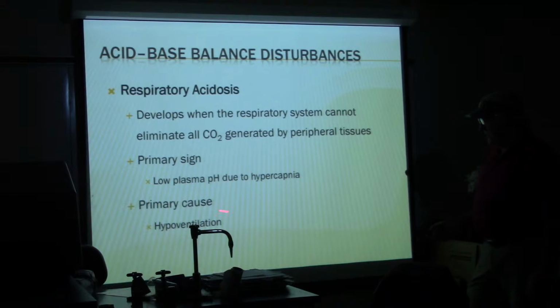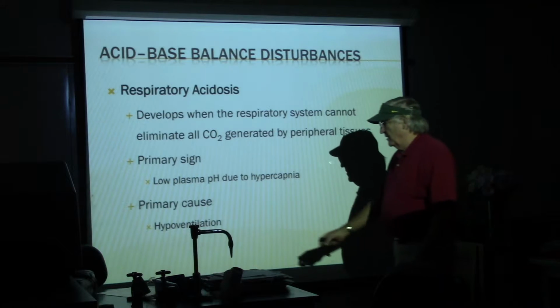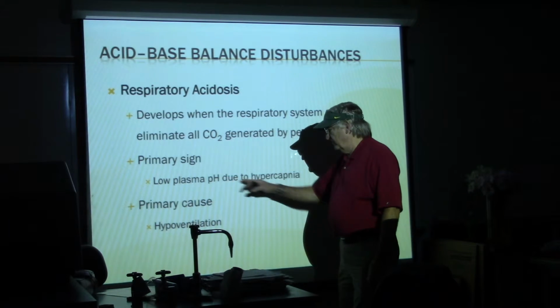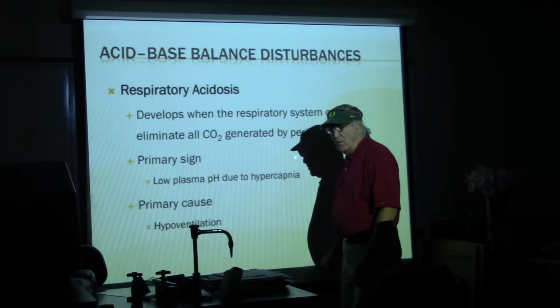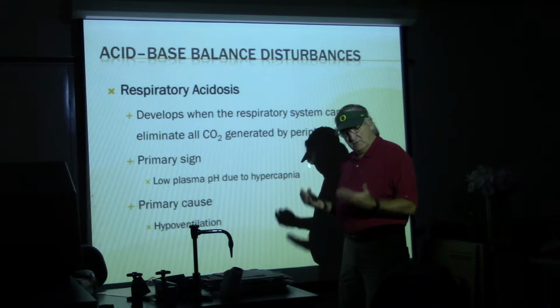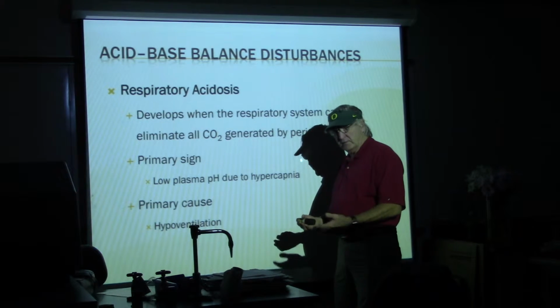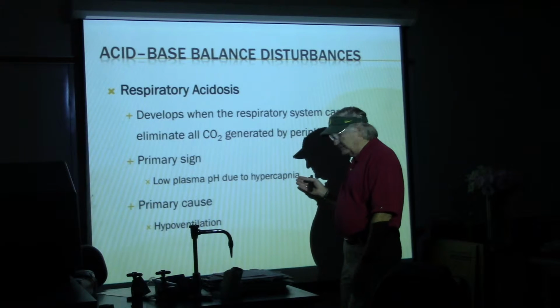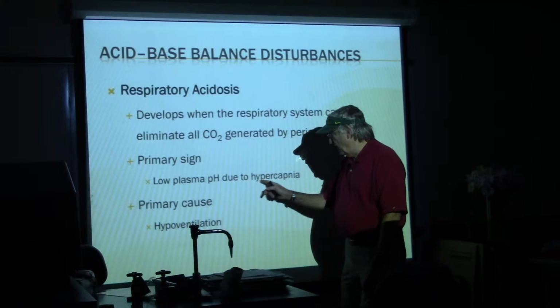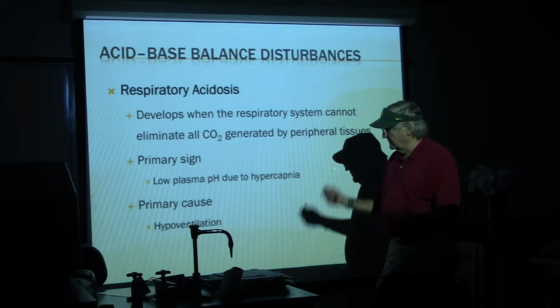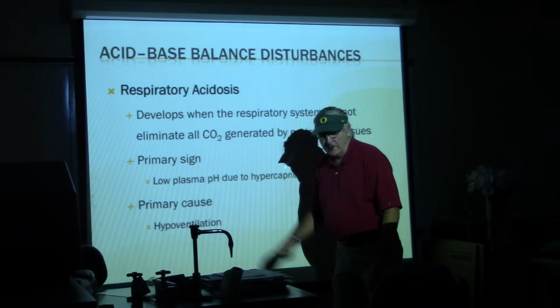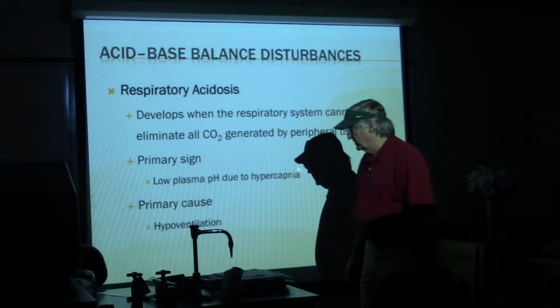The primary cause is hypoventilation. The primary sign is that the pH is low, and when you look at the lab report, the blood gases, the PCO2 is going to be high. So you have hypercapnia, that's high PCO2, and low pH. Remember, they work in opposite directions.